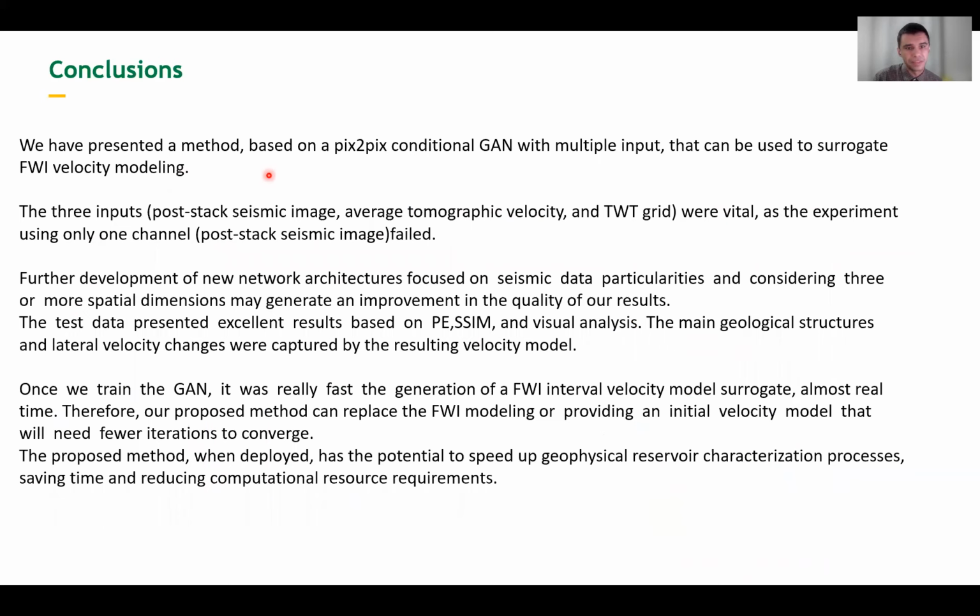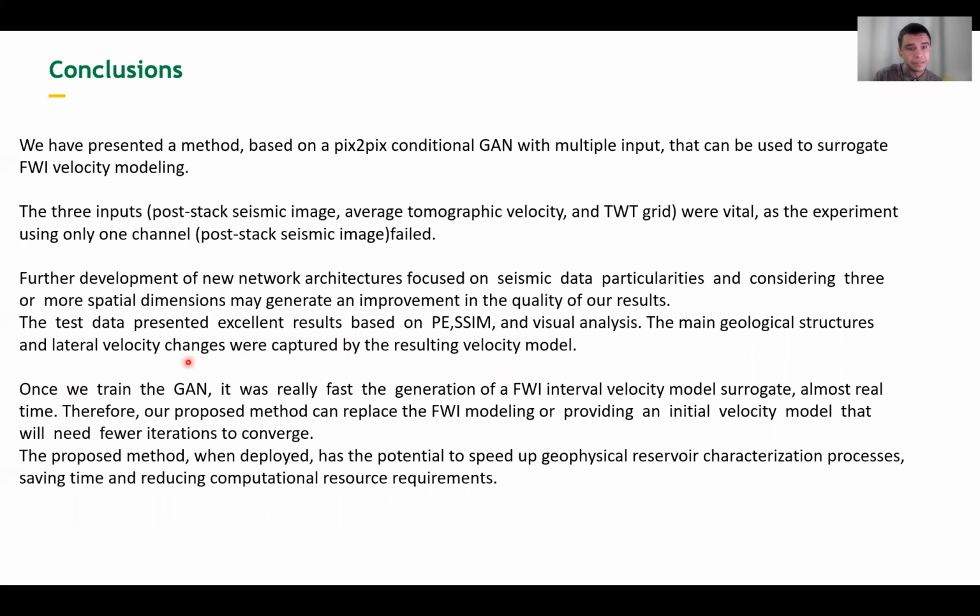We have presented a method based on pix2pix conditional GAN with multiple inputs that can be used to surrogate FWI velocity model. The three inputs were vital as the experiment using only one channel failed. Further development of architectures focused on the seismic data particularities, considering three or more spatial dimensions, may generate an improvement in the quality of our result.